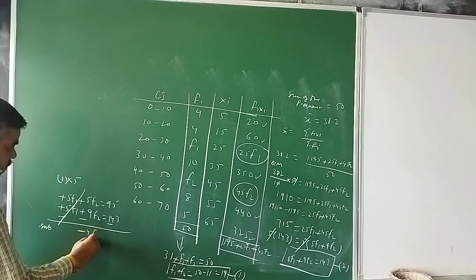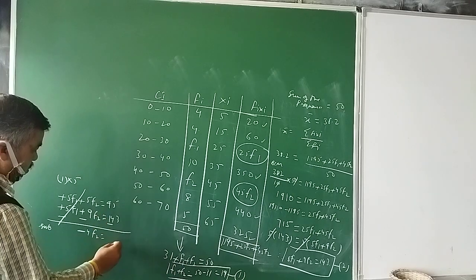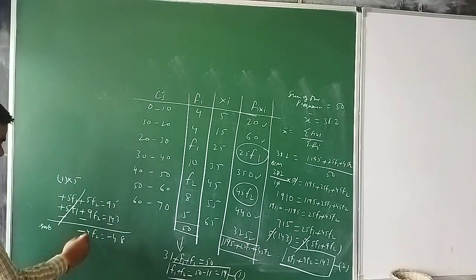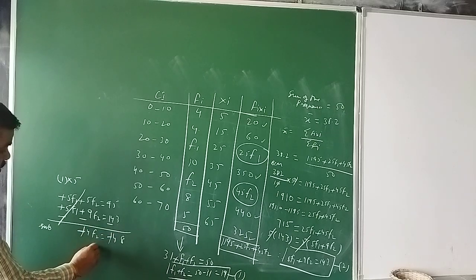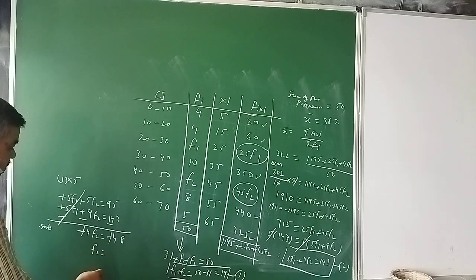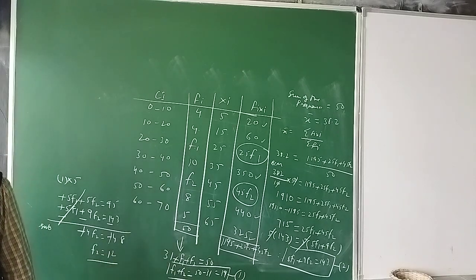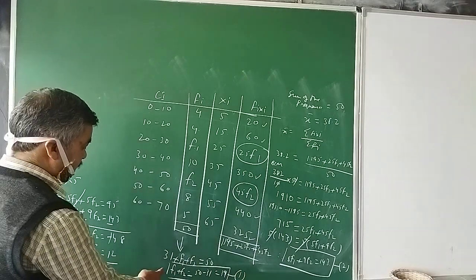Subtract. So this is eliminated. This will be minus 4f2 is equal to minus 48. So you can do this calculation. f2 will be equal to 12. So in that way your second missing frequency will be equal to 12, and then you can put that here.